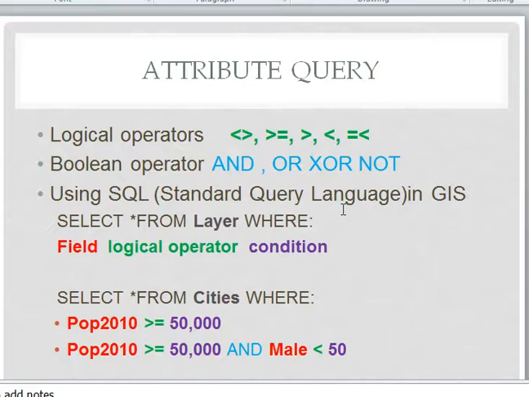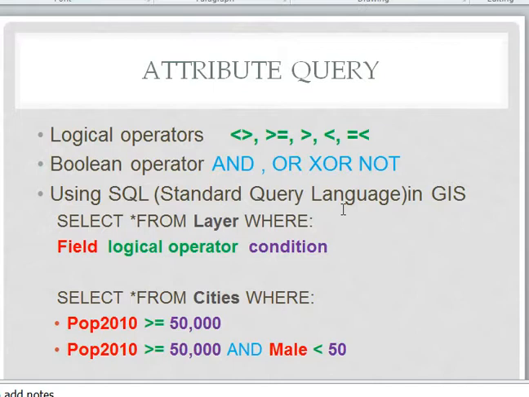You don't have to write that in. But then you have to pick a field, then an operator, and then some condition. If I want to select from cities where population is my field, greater than or equal to is my logical operator, and my condition is 50,000.